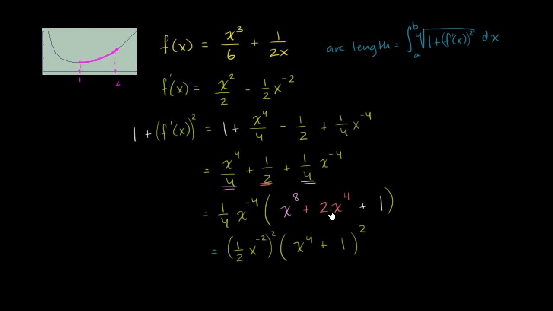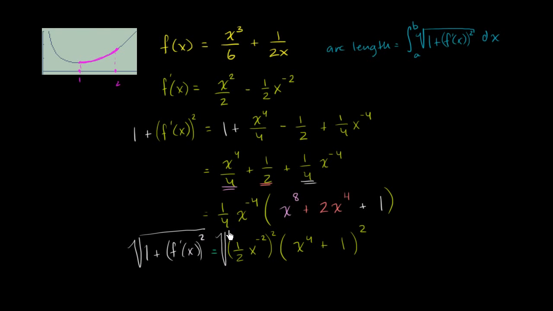And so now if we wanted to take the square root of both sides, so the square root of 1 plus f prime of x squared, notice I'm just focusing on the algebra. So what we've done so far, this is 1 plus f prime of x squared. Now we want to take the square root of that.